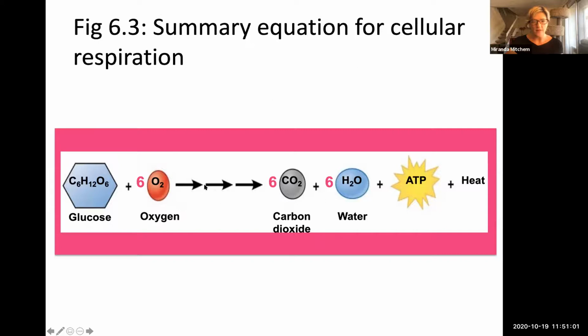The reason why there are 3 reaction arrows here is one for each of the 3 stages of cellular respiration. There are 3 main stages, so that's why I'm showing it to you as 3 arrows.